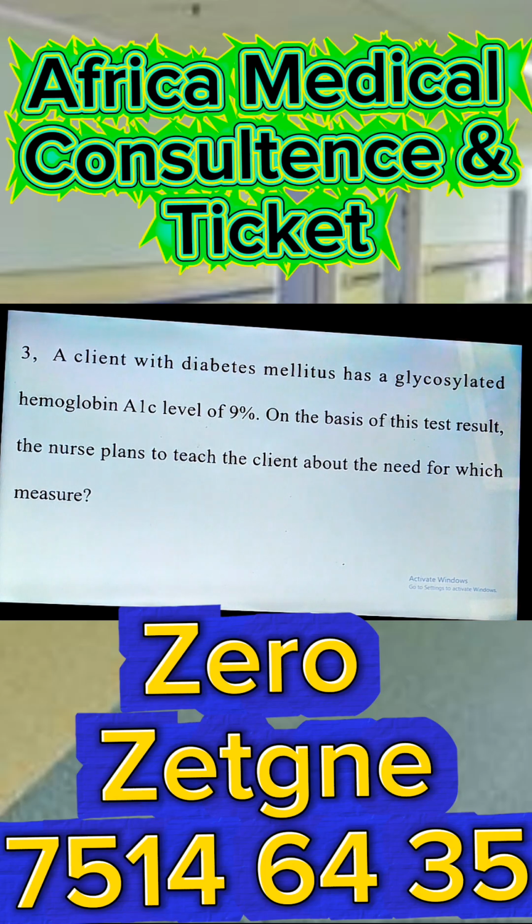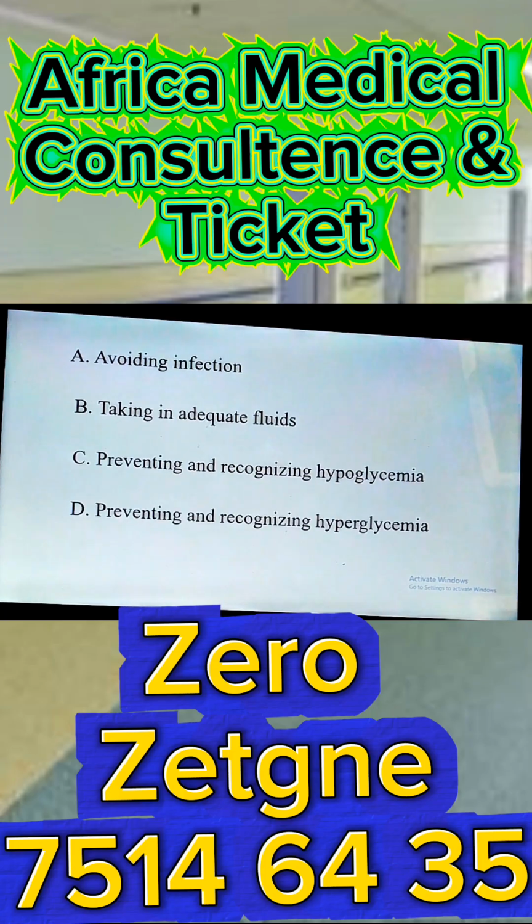On the basis of this test result, the nurse plans to teach the client about the need for which measure? A. Avoiding infection. B. Taking inadequate fluid. C. Preventing and recognizing hypoglycemia. D. Preventing and recognizing hyperglycemia.